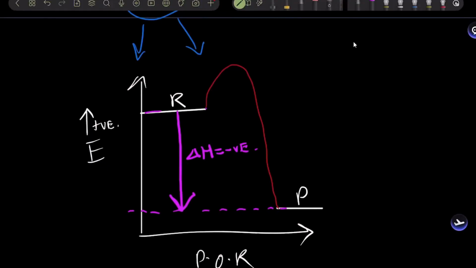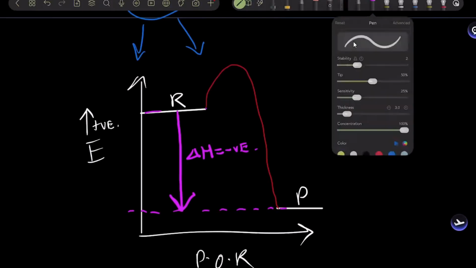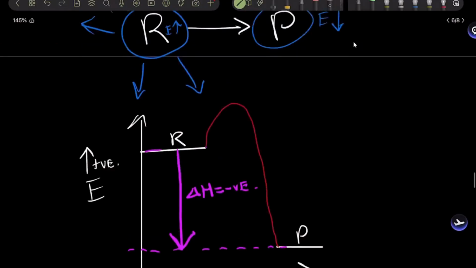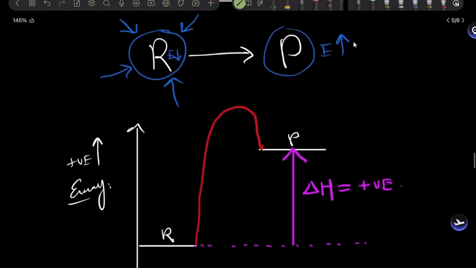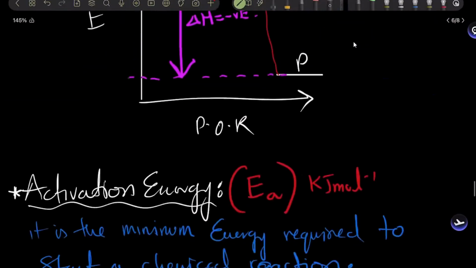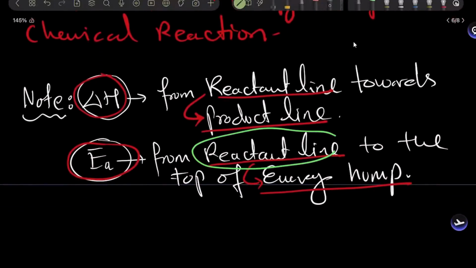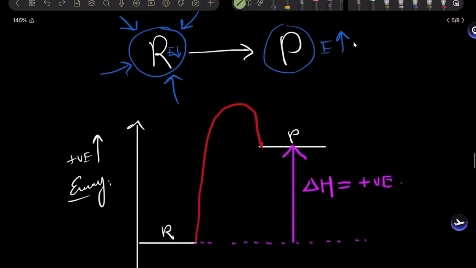The next thing that we want to label over here is what? The activation energy. Let's label the activation energy over here. So how do you label the activation energy? So we learned a note for that, that activation energy is always from reactant line towards the top of the energy hump, right? So let's go into the endothermic reaction.